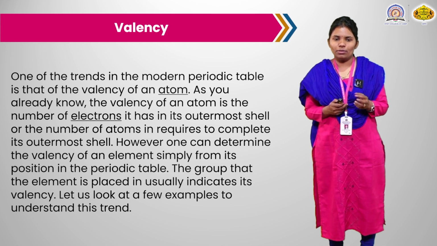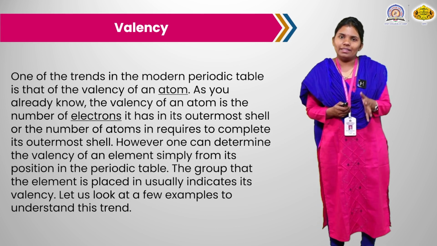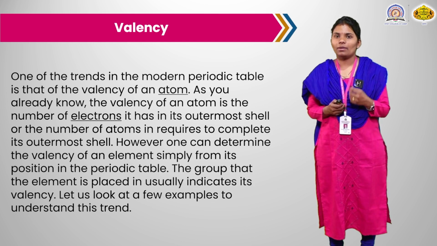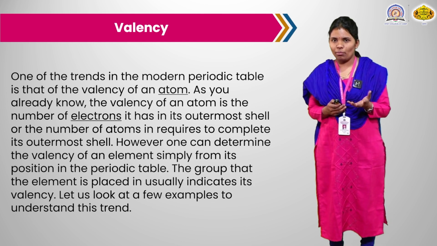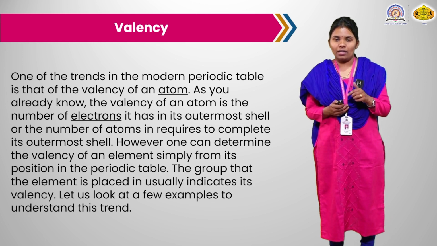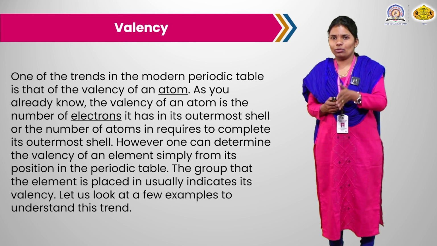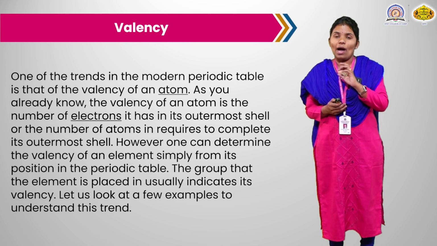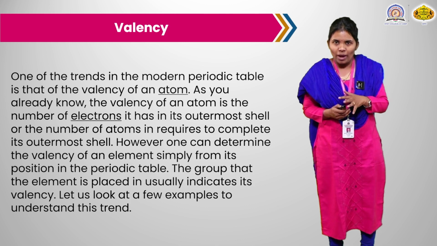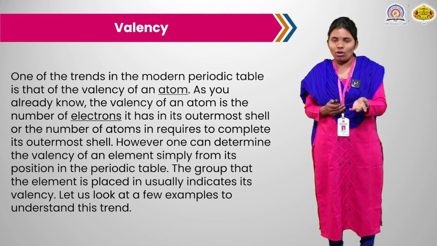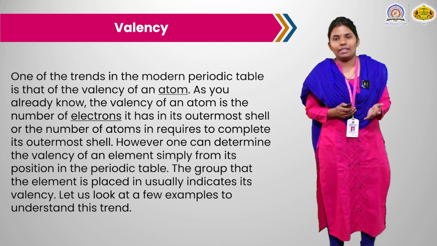Let us look at a few examples to understand the trend. Here you can take carbon. Carbon has a valency of 4. As you know the atomic number, from that you can conclude the electronic configuration and how many electrons it requires to complete its octet; that many bonds it can form.